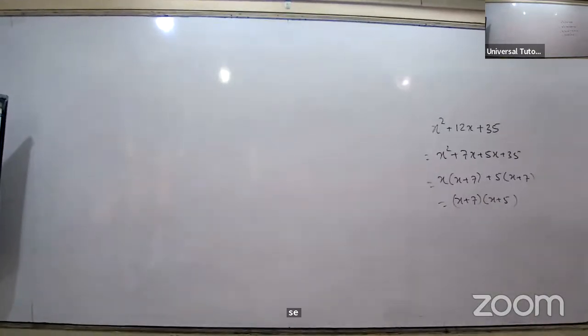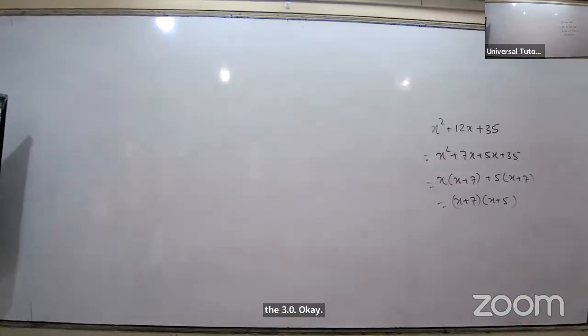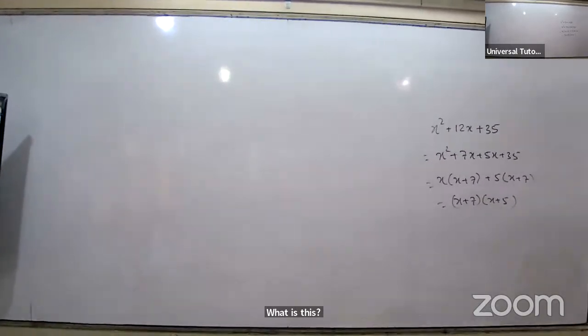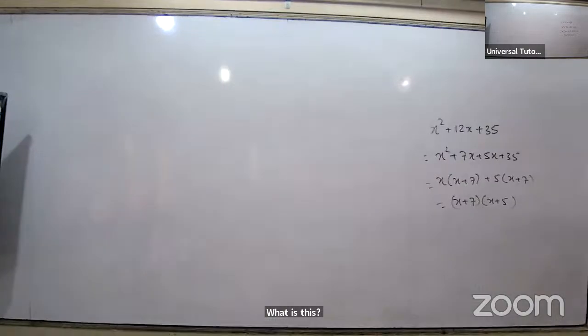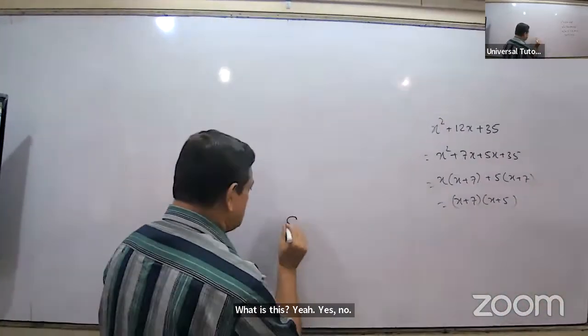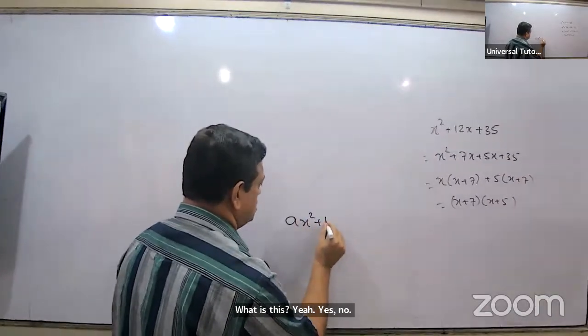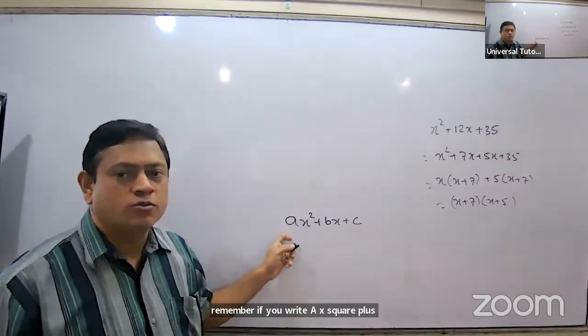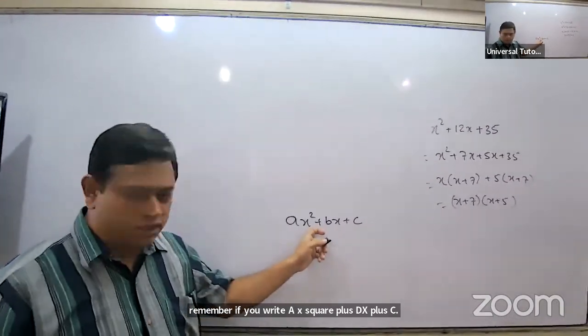What is a quadratic polynomial? Degree 2, and can be expressed in the form ax square plus bx plus c, where a is not equal to 0. Always remember, if you write ax square plus bx plus c, it's not enough. You have to write that a should not be 0, because the others can be 0.